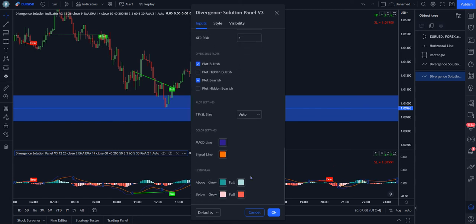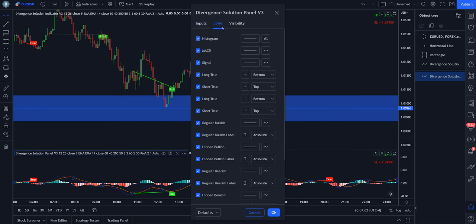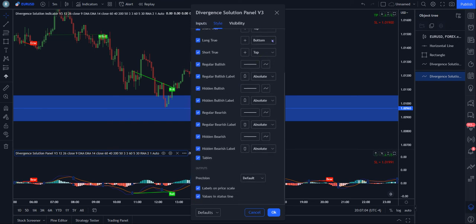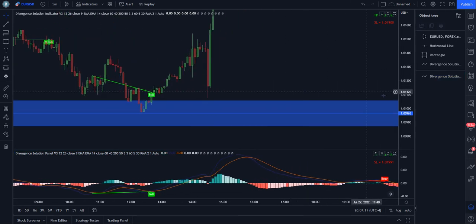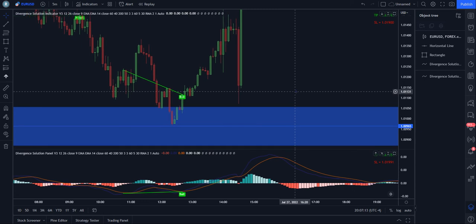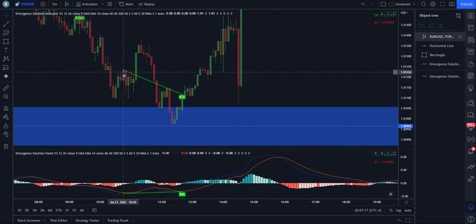Now it's not. And then just all these other settings. So you can customize it however you would like. Now, here we've actually got it plotting on the closes here.